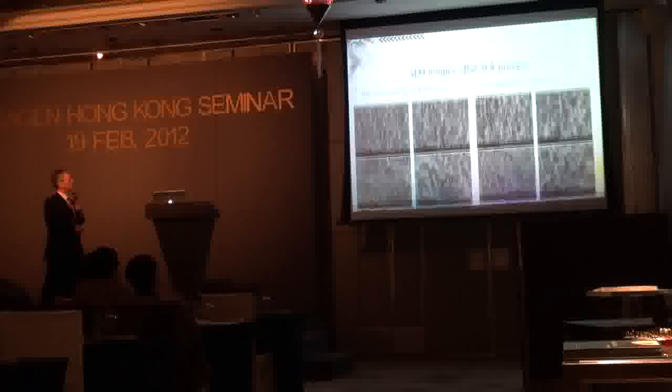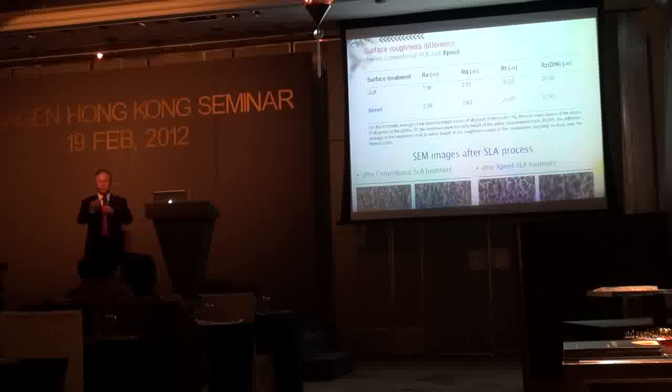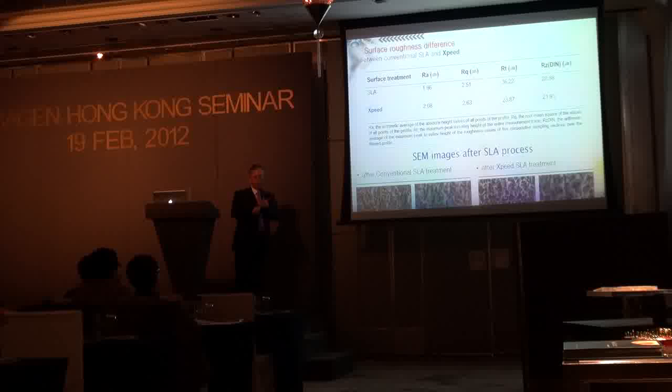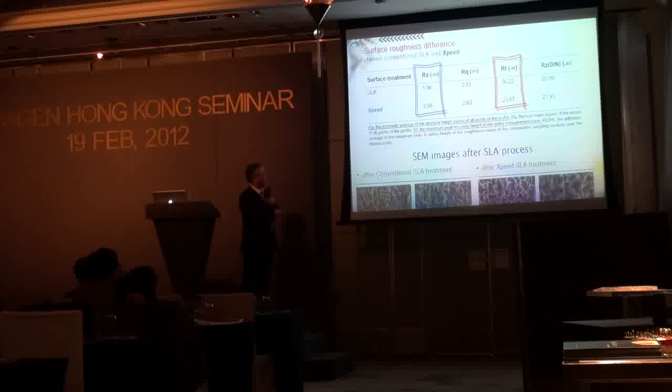But on statistics, if you calculate the roughness with special equipment, you can see the difference. So we always think Ra is very important. Ra means the arithmetic average of the absolute height values of all points of a profile. That means just the average, and the average seems almost the same. But we should know about the importance of the maximum, Rt.